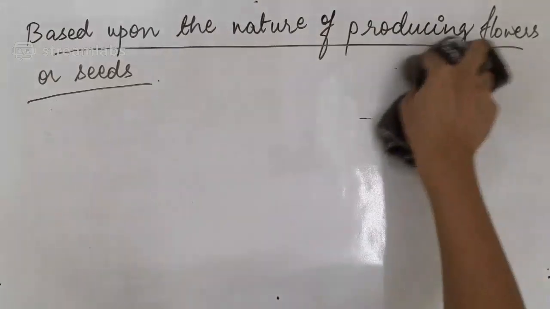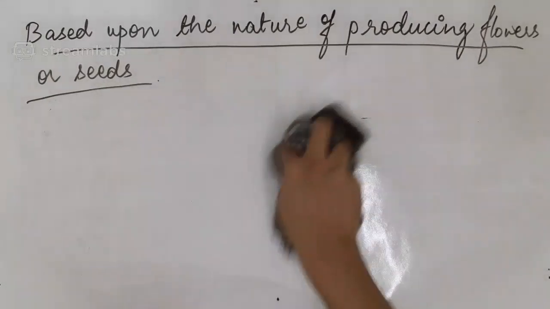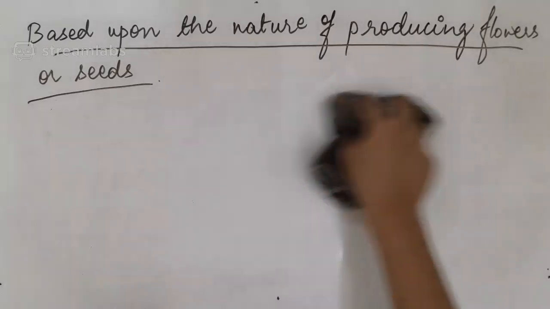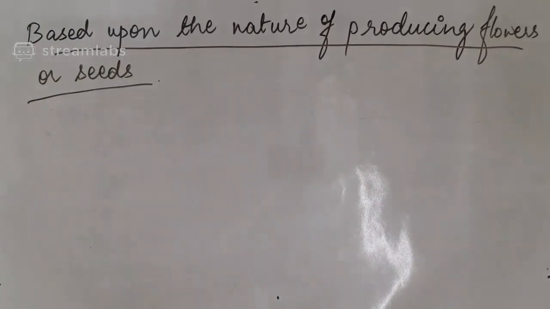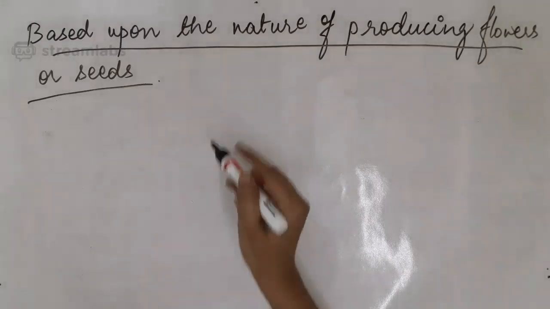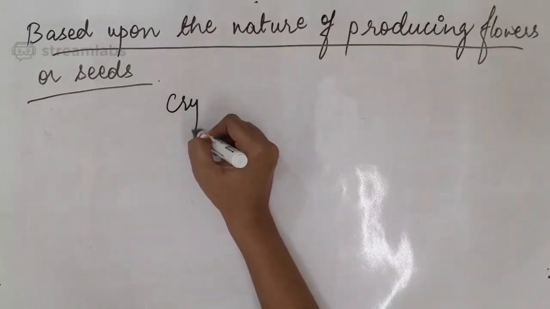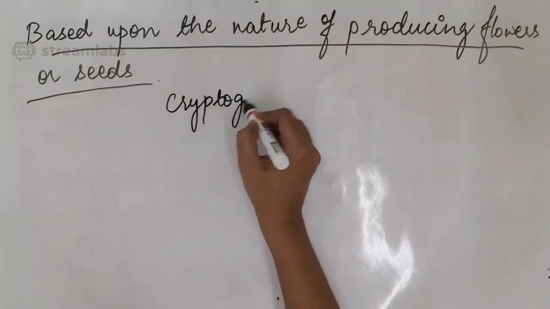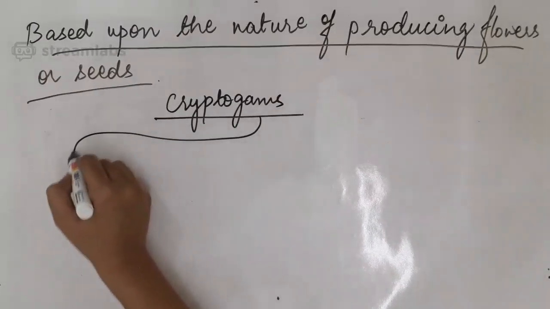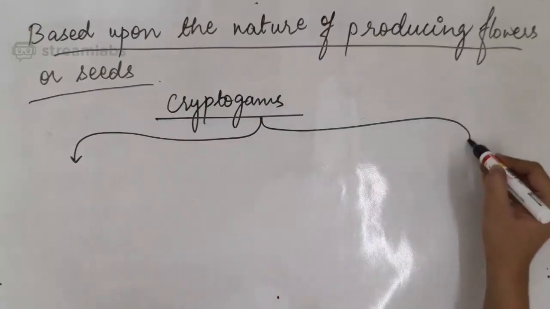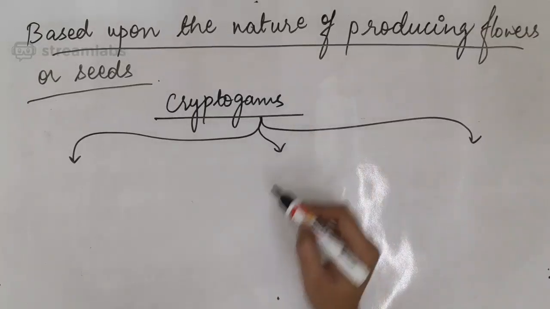As I told you, cryptogams means the hidden reproduction plants that do not produce seeds or flowers. The cryptogams are divided into three groups.